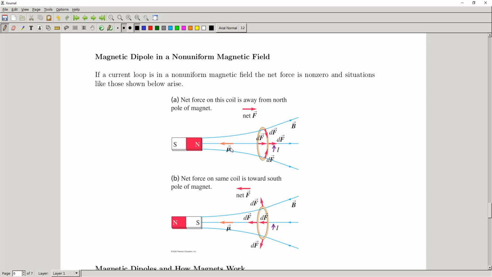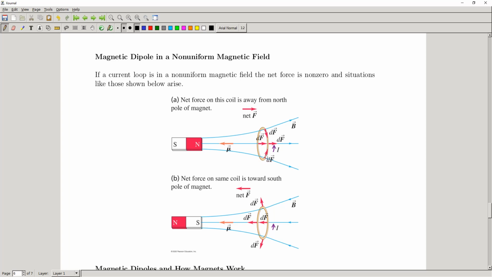You can just think about your right hand going over the top of this current loop, and you're going to have to contort a little bit, but you can place your fingers in the direction of I as it goes over the top, and then try to curl your fingers in the direction of B. But B kind of turns out a tiny little bit, so your hand is going to have to rotate ever so slightly more than it would have had to if it was a straight line, and it ends up giving you this force that points just a tiny bit away from the permanent magnet, right? And so that's going to be the same on the bottom part.